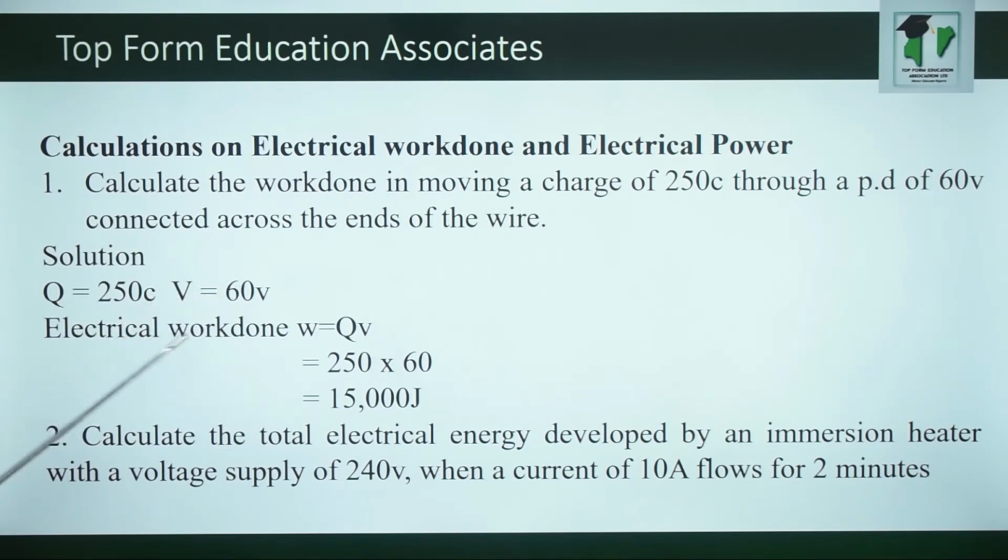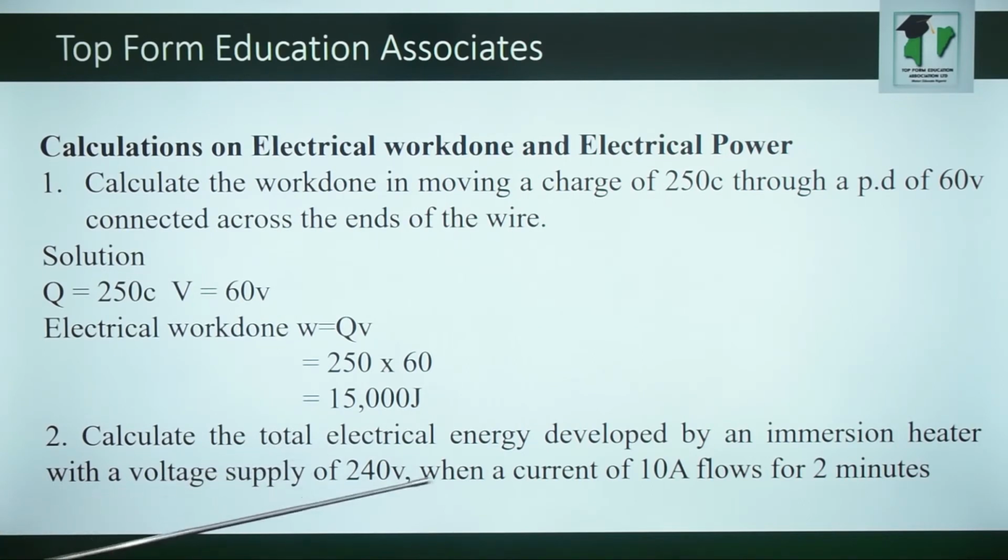Electrical work done has the formula W is equal to QV. Substituting, Q is 250 coulombs and the voltage is 60 volts. So 250 times 60 gives you 15,000 joules. Electrical work done is measured in joules. Is that okay?